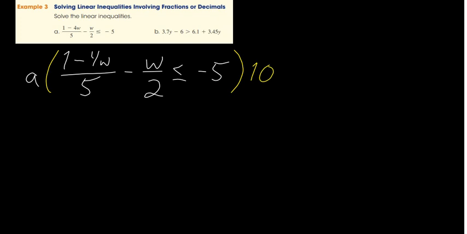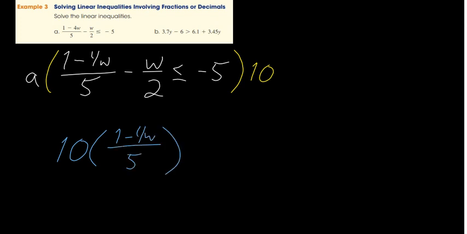So we're going to multiply the first term by 10. If I multiply by 10, it's going to look like 10 times 1 minus 4w over 5.